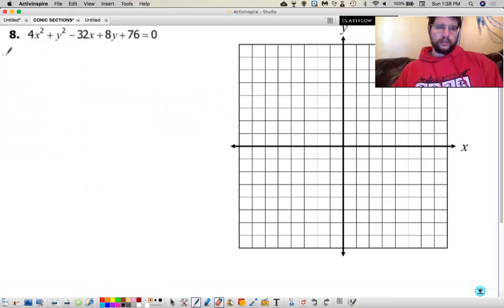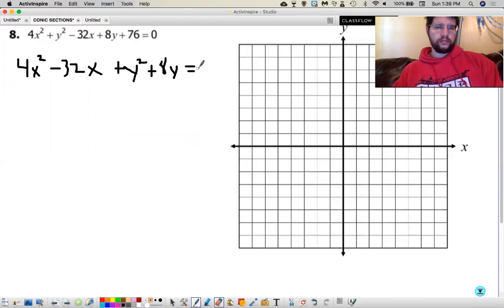Okay, so first thing I'm going to do is put the x's together, the y's together, and the number on the other side. Notice this time, I actually do have a coefficient for my x. And if I move that 76 to the right, it's going to be a negative.